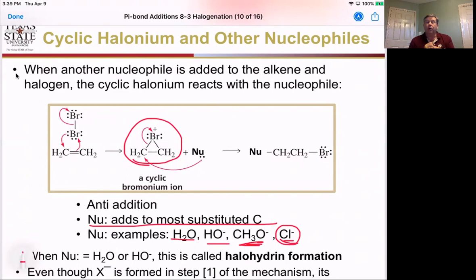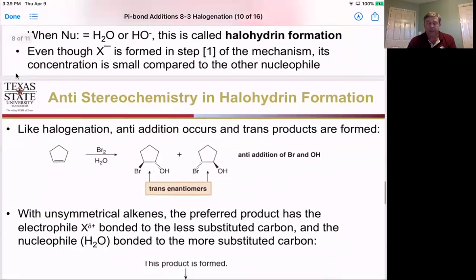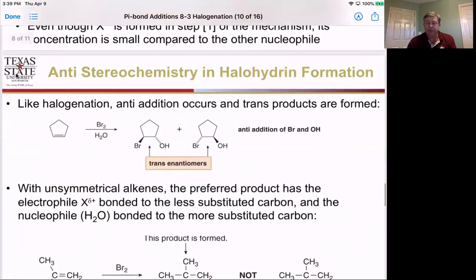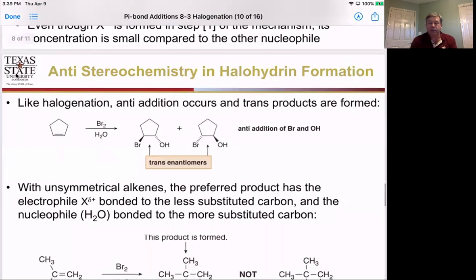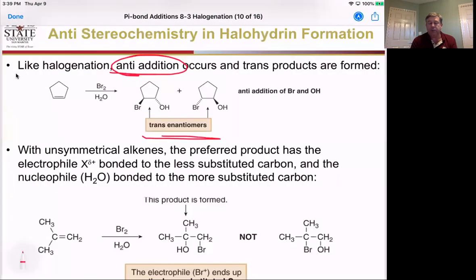All that matters is that when we form that first bromonium ion, if we have a large amount of a nucleophile sitting around, like water, it will be attacked by that other nucleophile. Because of the formation of that bromonium ion, we always get the anti-addition product, and so we end up with the trans enantiomers.